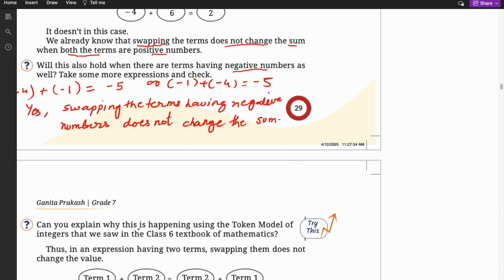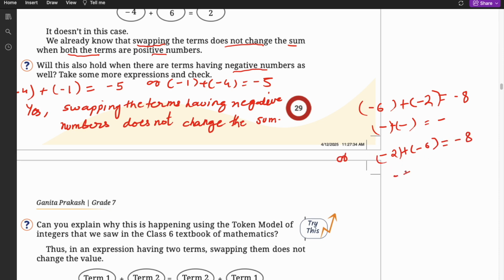So can you explain why this is happening using the token model of integers that we saw in the class 6 textbook of mathematics? So हमको explain करना है using a token model of integers. So for example -6 plus -2 which is equal to -8. So minus plus minus is always minus, and suppose interchange किया हमने, -2 plus -6 which is equal to -8.